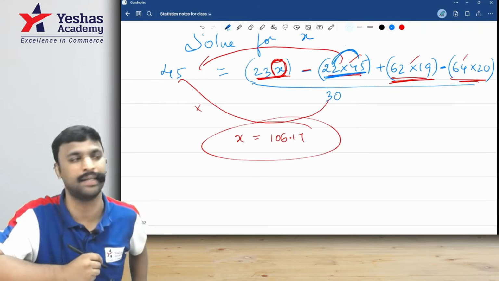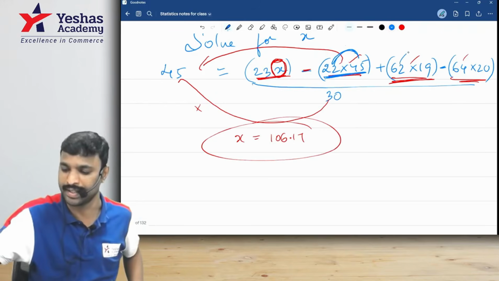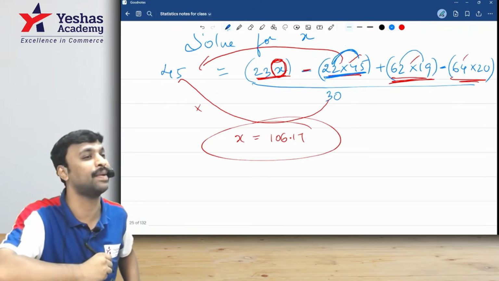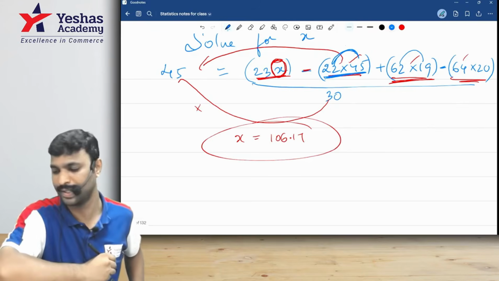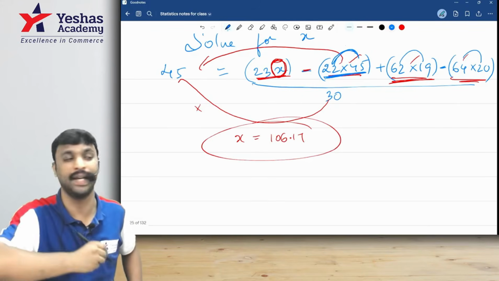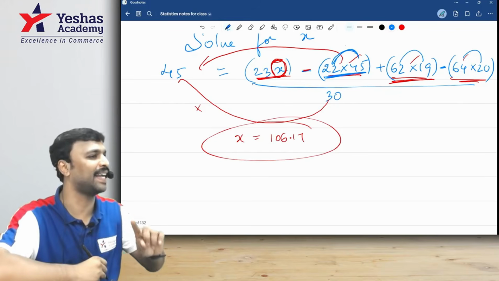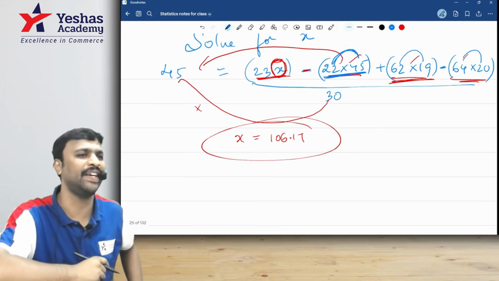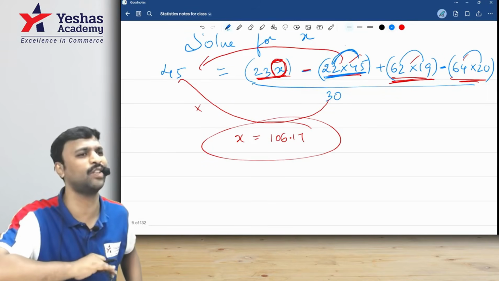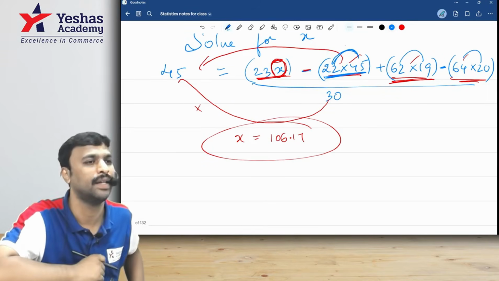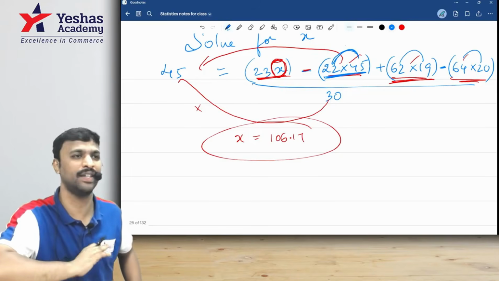Positive. So M plus. Clear? Next. 62 into 19, M plus or M minus? M minus. 64 into 20, M plus or M minus? M plus. Why? Negative becomes positive. Are we done with all the pairs? We are done with all the pairs. Press what? MRC. We got the result.